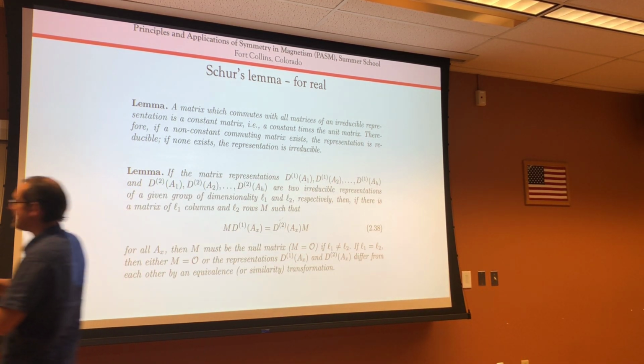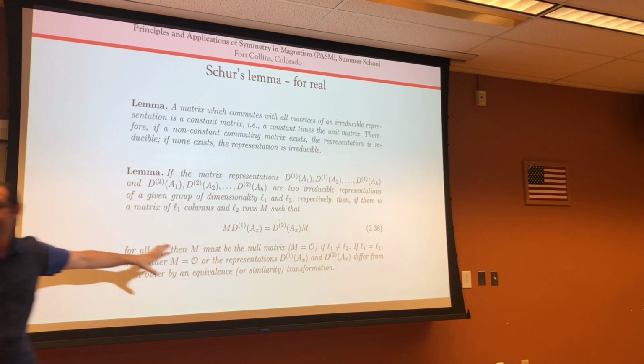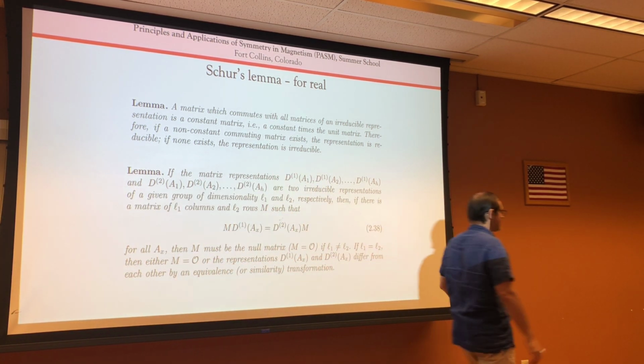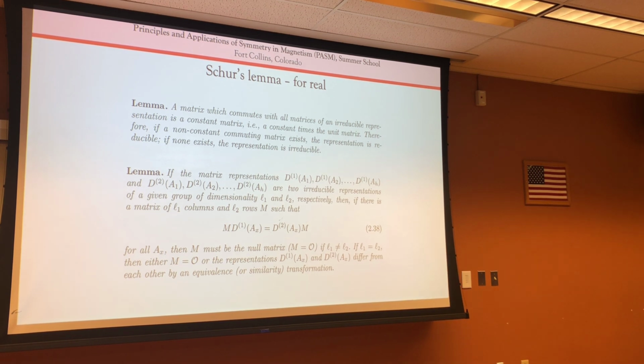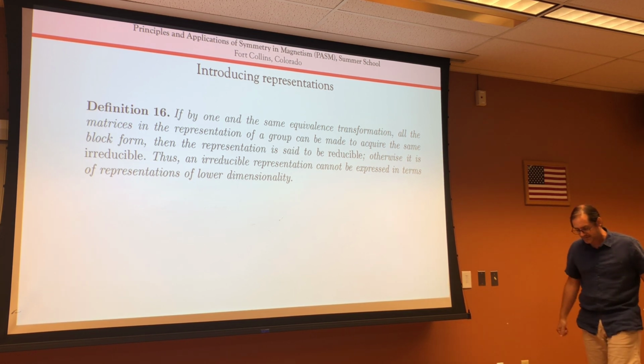So this idea about decomposing a reducible representation into irreducible ones is based on these lemmas. So you can forget about that now. Just know that they exist. This is the more formal mathematical definition of what is a reducible representation and what is an irreducible representation.